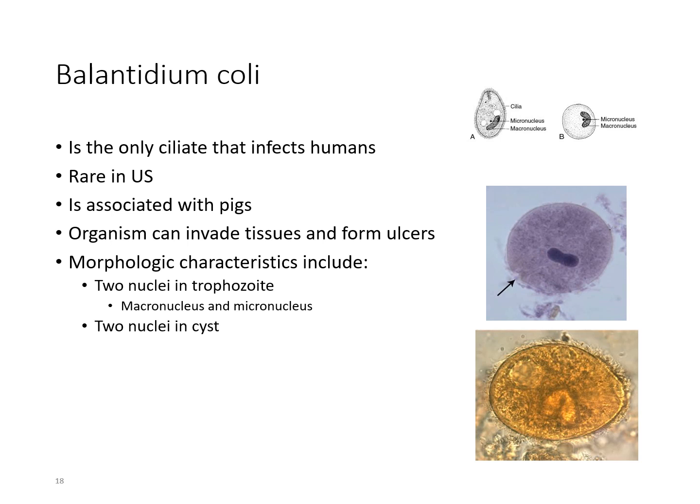And so what you're looking for is the two nuclei within this organism. That's because you've got the micronucleus and the macronucleus, and of course that macronucleus is that kidney bean shape. It's a little bit harder to see that micronucleus because it is so small, but you can see it.